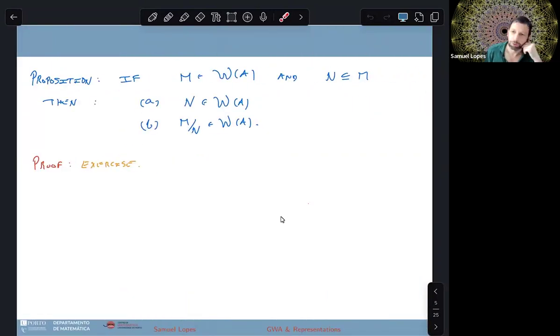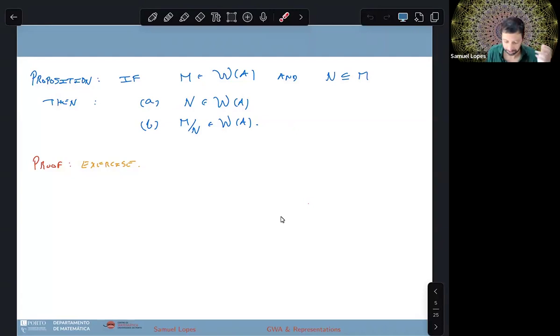So the first structural result about weight modules is the fact that this category is stable under sub-objects. If I have a submodule of a weight module, this will still be a weight module. I strongly advise you to try to prove this. It's interesting. It's kind of an abstract generalization of the fact that eigenvectors with different eigenvalues are linearly independent.